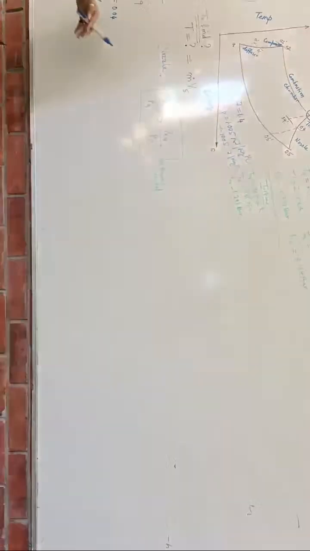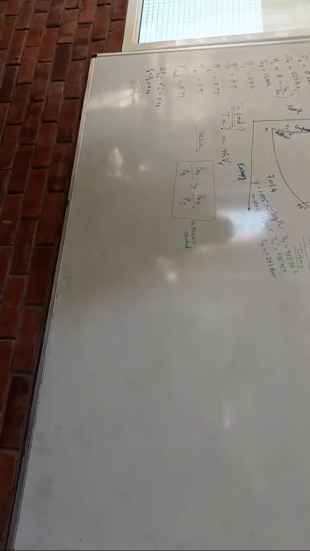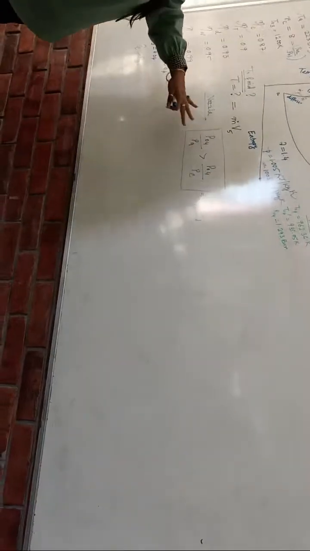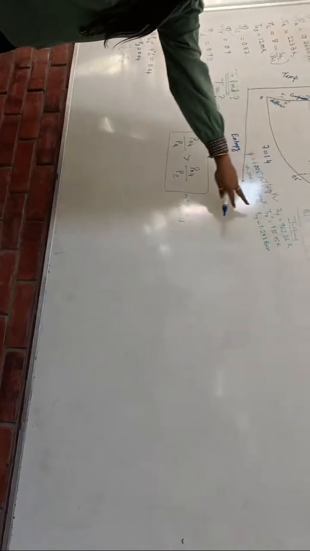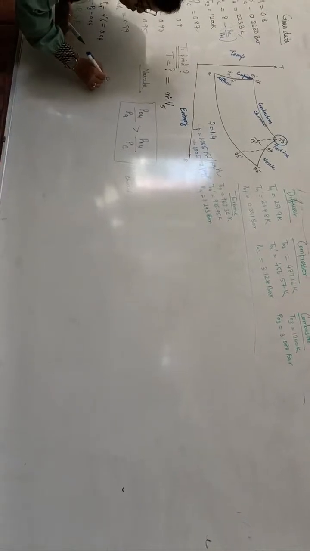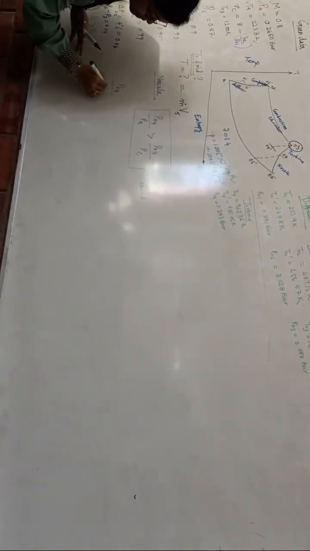So before proceeding to the other nozzle values, keep in mind whether the nozzle is choked or not. To check this, P naught 4 by PA value is known: P naught 4 value is here, PA is given here. You can find this value. What about P naught 4 by PC? There is a formula you have to remember.